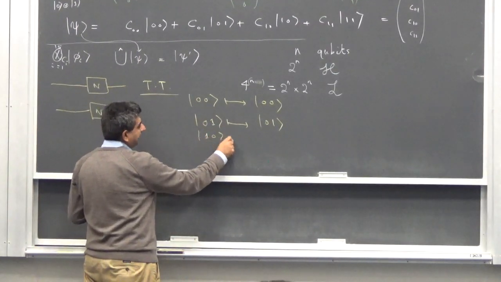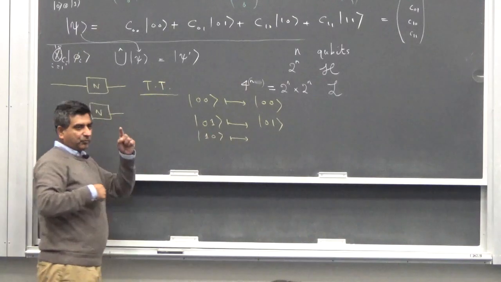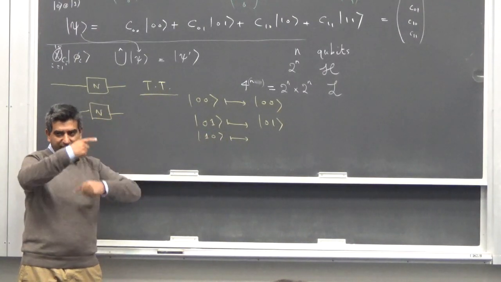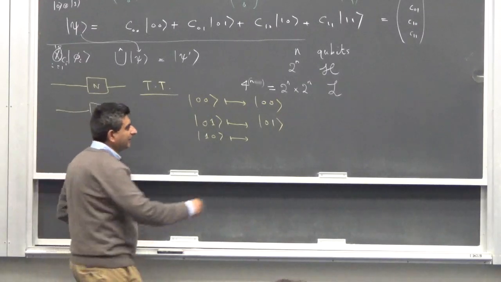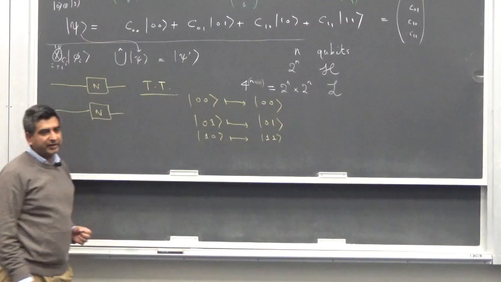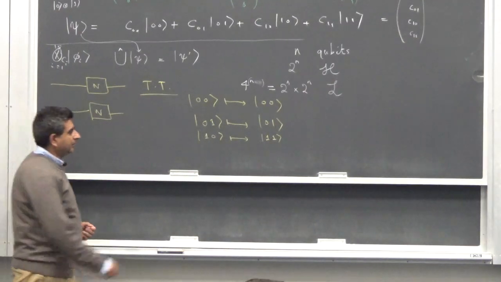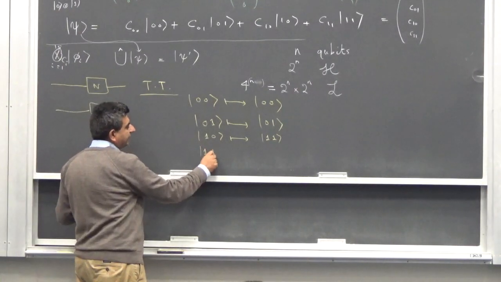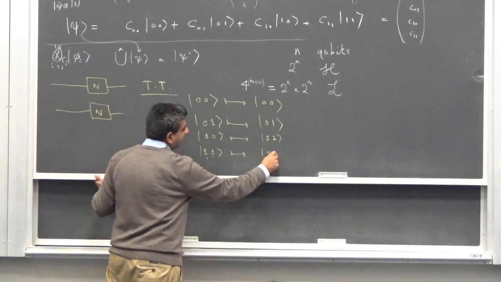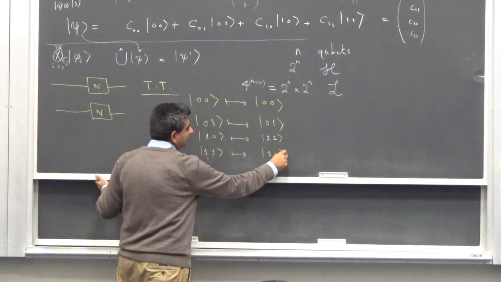However, if the first qubit is in a ket 1 state, the second qubit is inverted. So I get ket 1 on the first qubit and ket 1 on the second qubit. Likewise, if the first qubit is 1, the second qubit is inverted. In this case, I will get ket 1, 0.